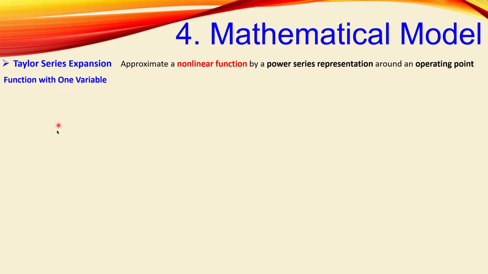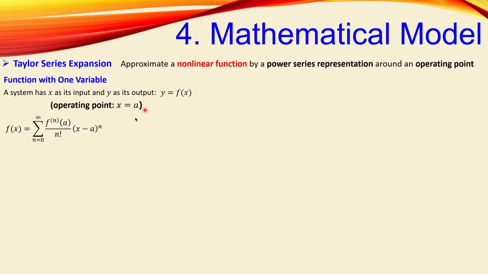Now, a function with one variable. A system has X as its input and Y as its output, this one. And then the formula at operating point, let's say A, can be given by this. So this is the power series expansion, which will go from n at 0 up to infinity.